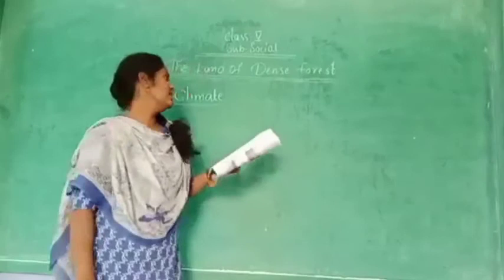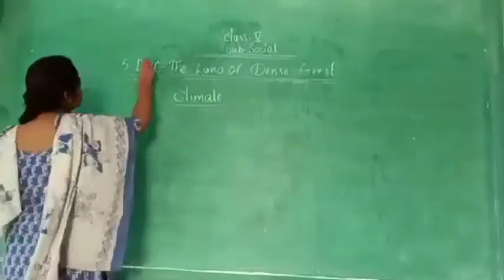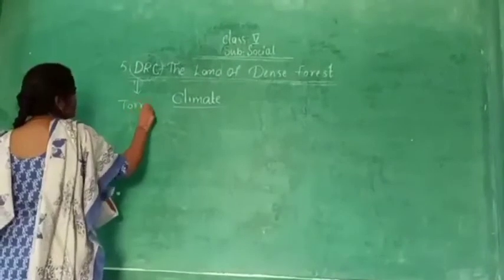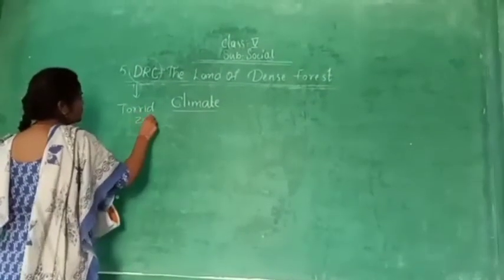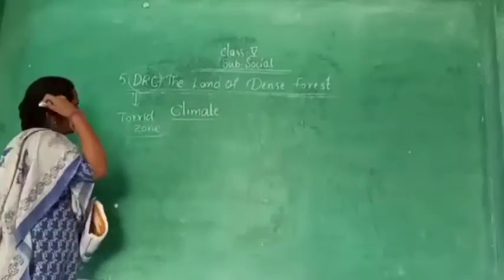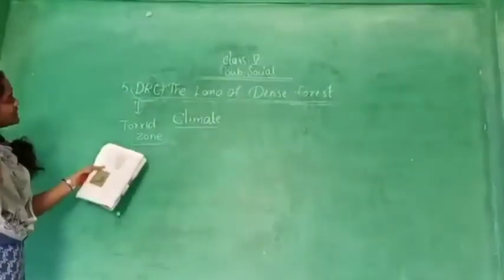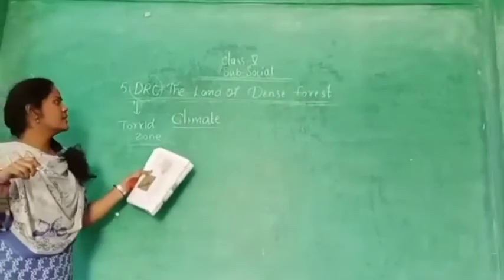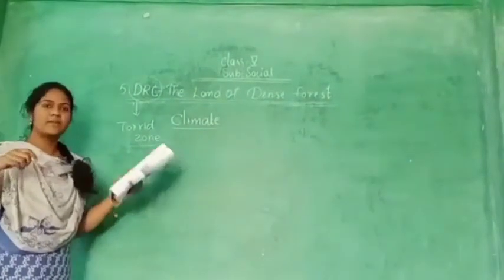So we already discussed that this DRC is situated in the torrid zone. What is meant by the torrid zone? The torrid zone means it is nearer to the equator, right? If it is nearer to the equator, the climate will be extremely hot, no?